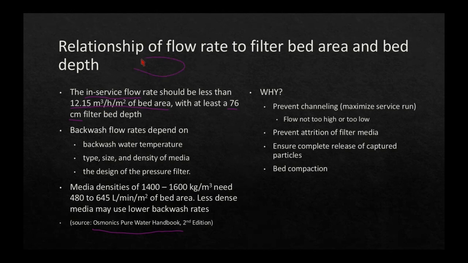So the bed area would be the cross-sectional area of the filter, because the water's flowing down through it. So just so you know that there are guidelines, right? There are guidelines to the maximum flow or to the design flow for a particular filter. So you might wonder, well, why do they want maximum flow to the filter? Well, suffice to say that it's designed that way.